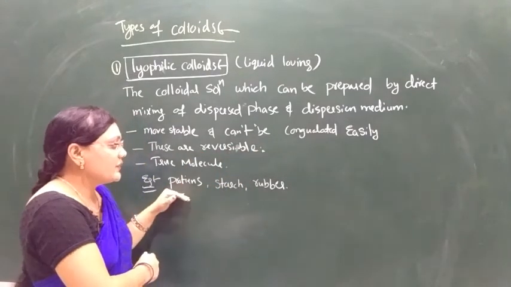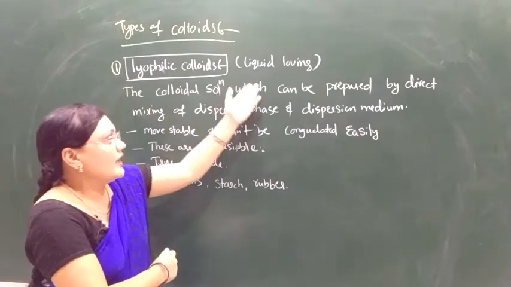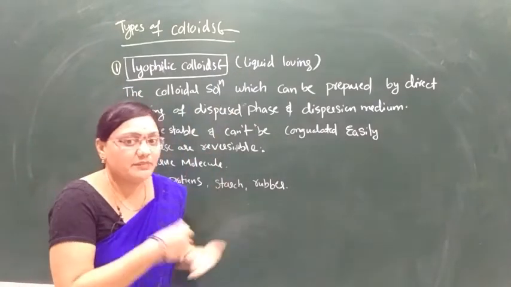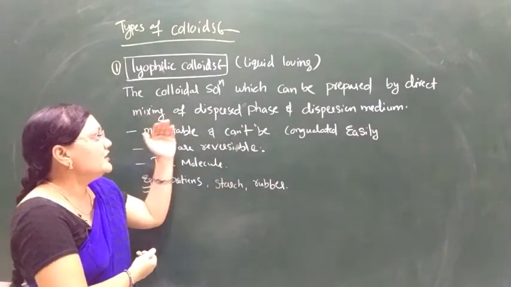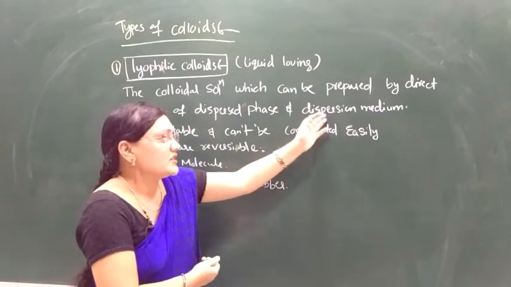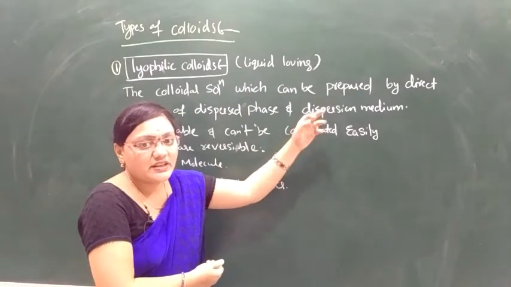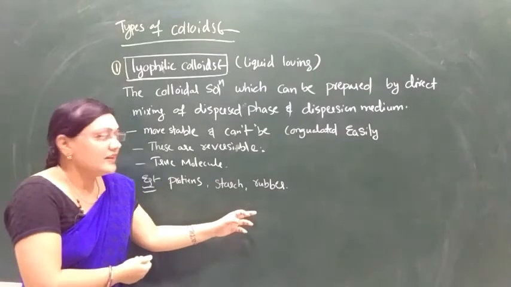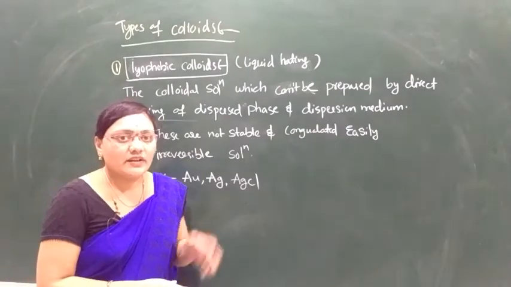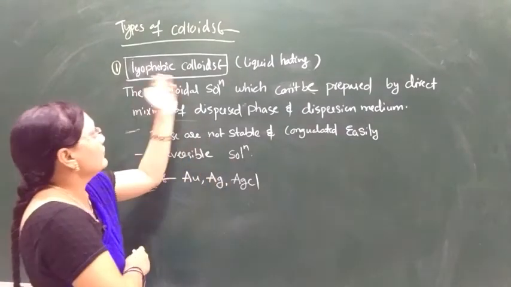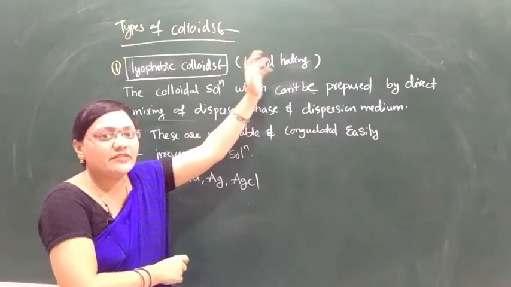Lyophilic colloids can be prepared by direct mixing of the dispersal phase and dispersion medium. This is the internal phase, this is the external phase. The second type is lyophobic colloids. It is liquid hating.